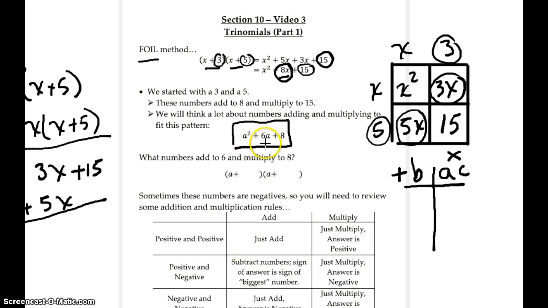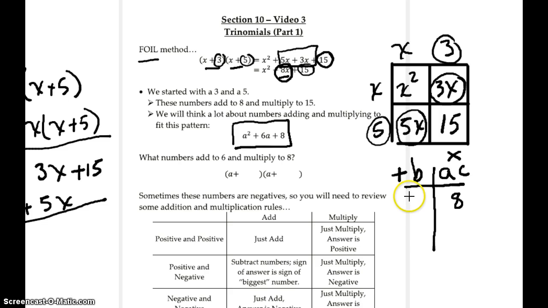We have a squared plus 6a plus 8. We know that the 8 came from multiplying 2 numbers together. That would be our a and the c. So we're looking for something that multiplies to 8. We know that the 6a came together by adding 2 components.